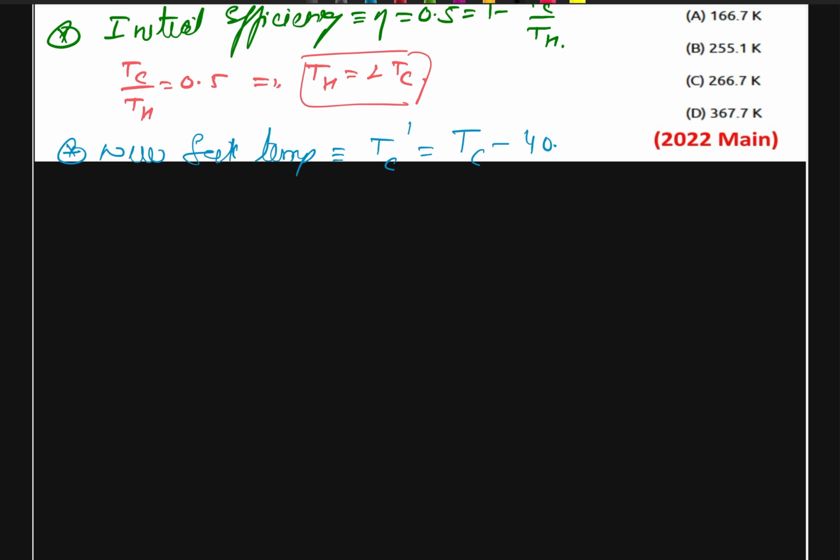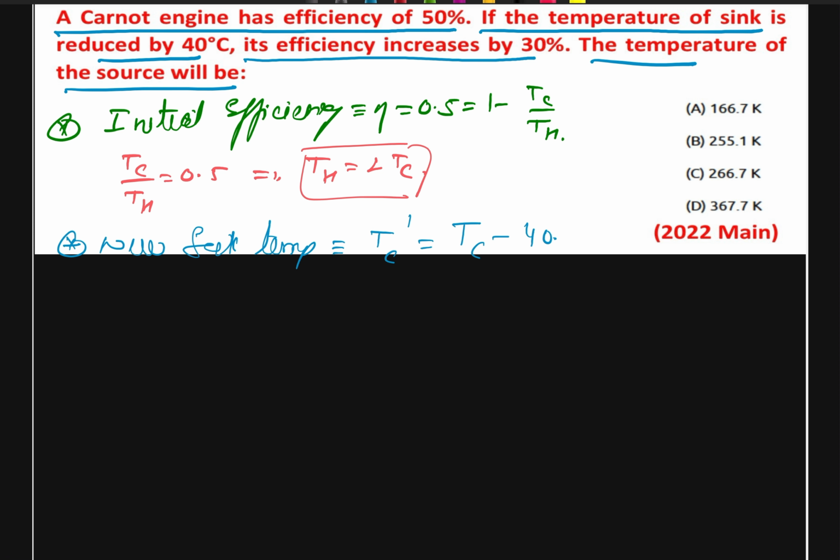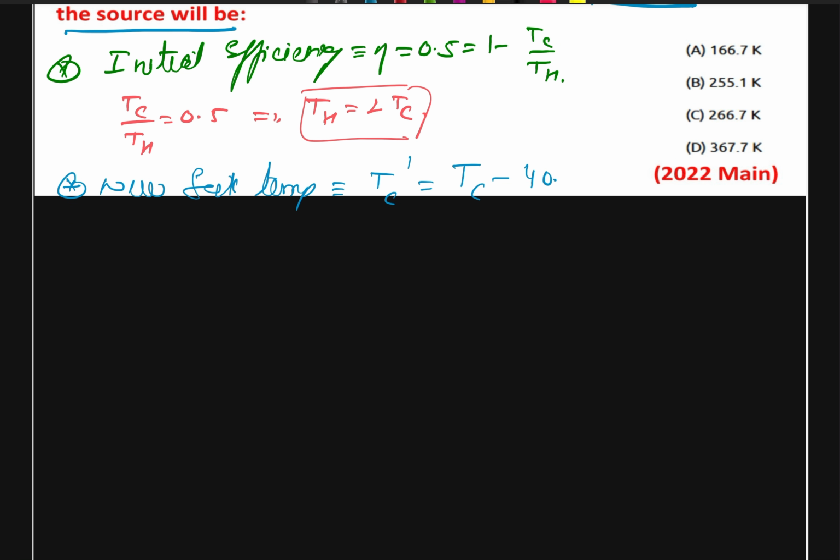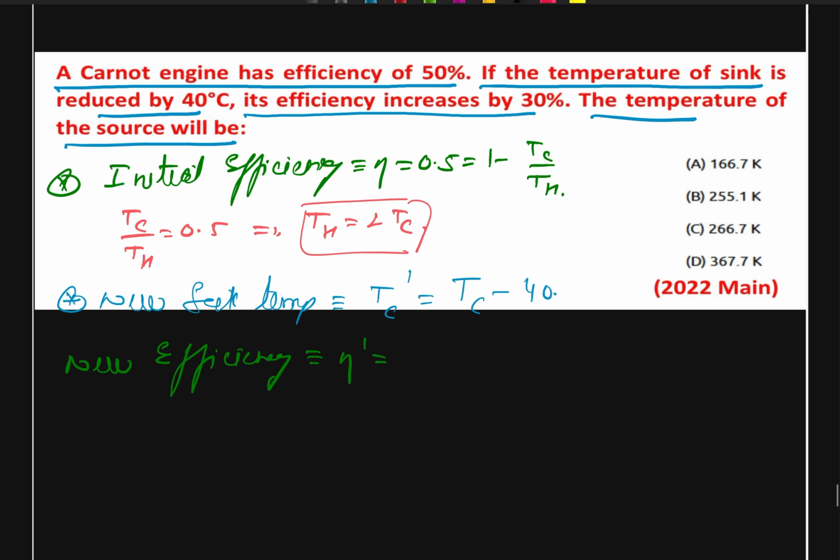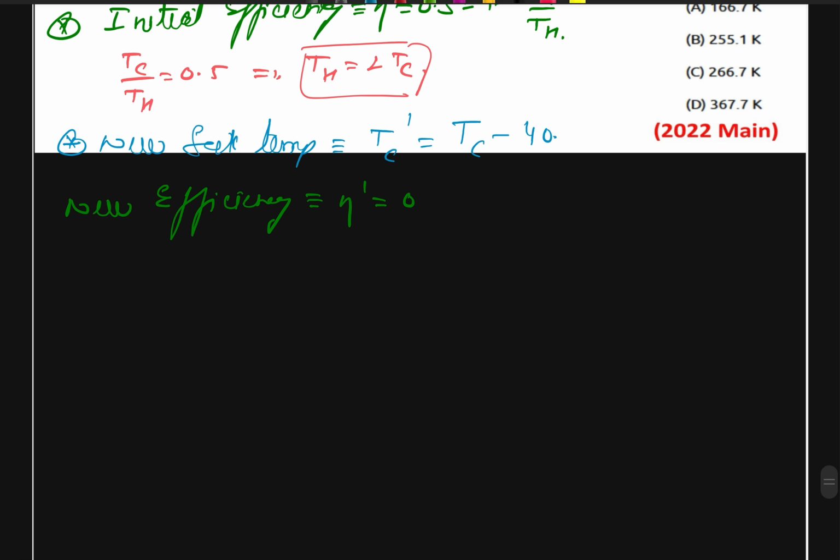And the new efficiency increases by 30%. Let us call this new efficiency nu prime. So we get this as 0.5 plus 30% of 0.5, which comes as 0.65.